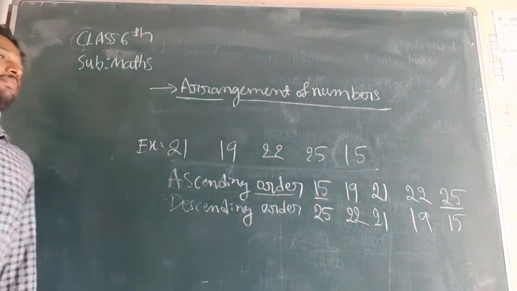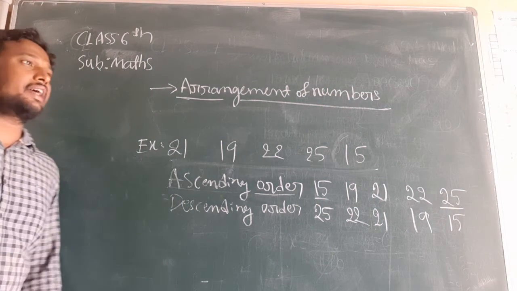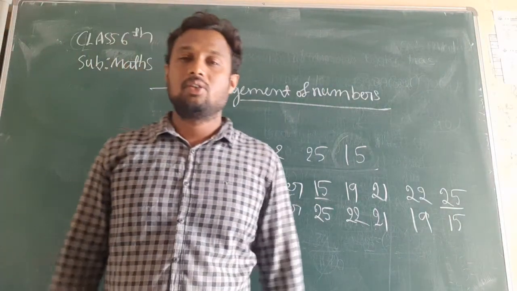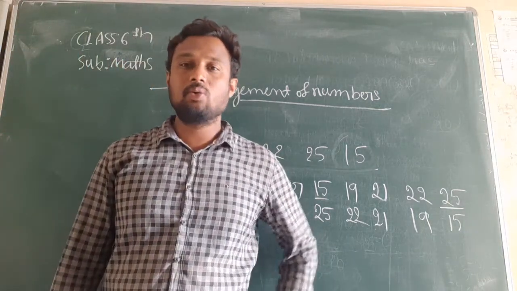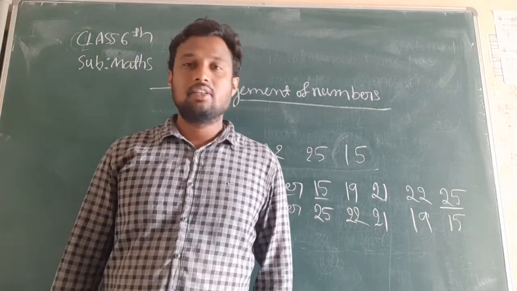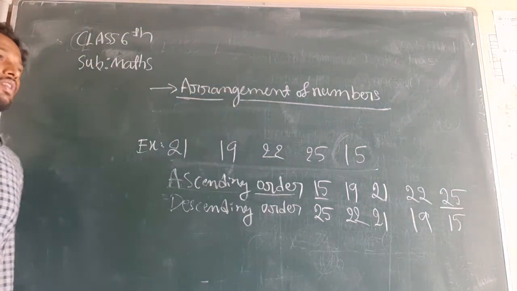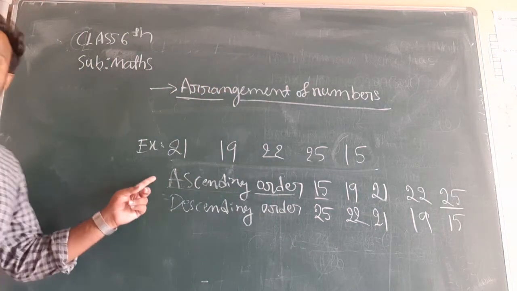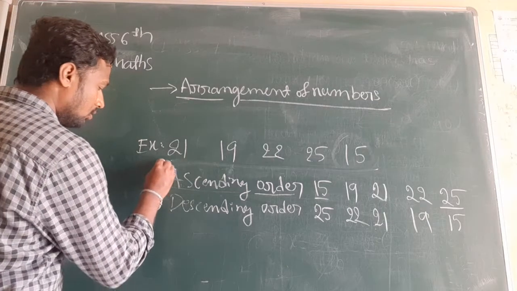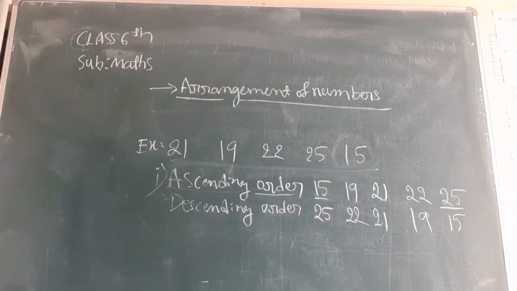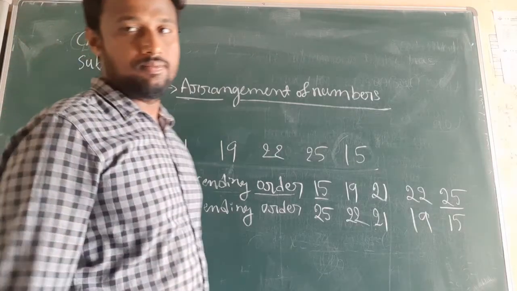Okay, write this. And next, below that write, there are two methods to arrange numbers. Below that, first side heading, first one, write it as ascending order.